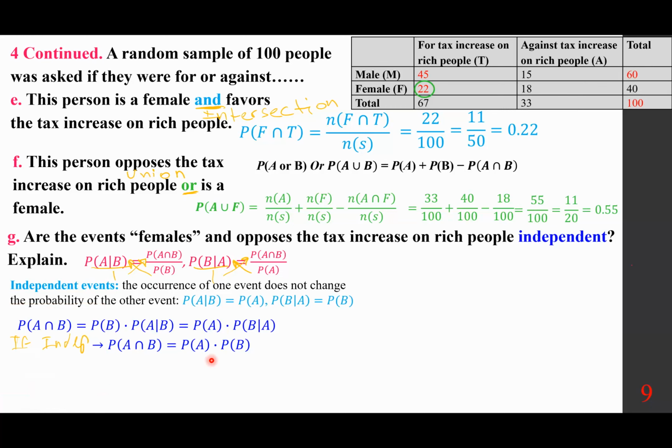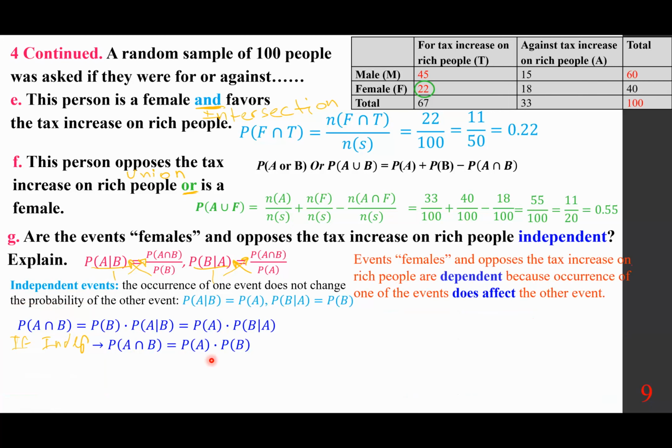Now, why am I giving you those? Because I want you to know precisely the definition, and therefore, whether you say they are dependent or independent, you can justify it. So, this is the definition. Events females and opposes the tax increase on rich people are dependent because occurrence of one of the events does affect the other one. This is the definition of independence.